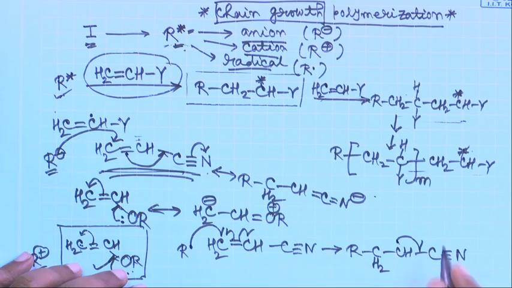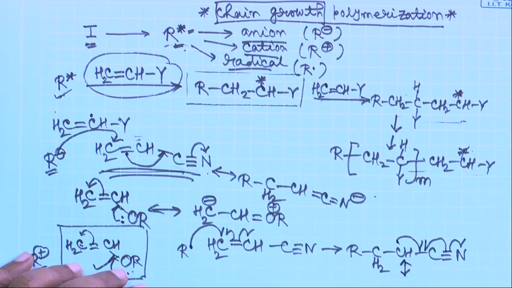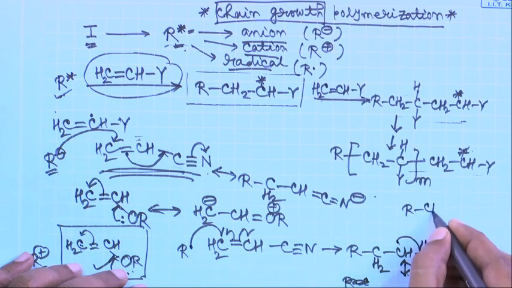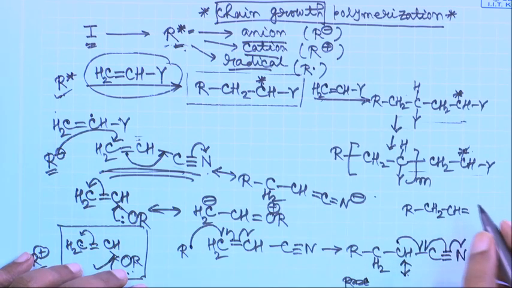Half arrow means one electron, full arrow means two electrons. So, one electron comes here and one electron can go there, and then it can have this kind of structure. I will just draw this structure here, R CH2 CH double bond C double bond N dot, that is how it can be stabilized.